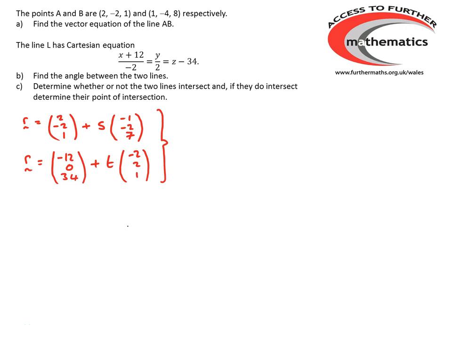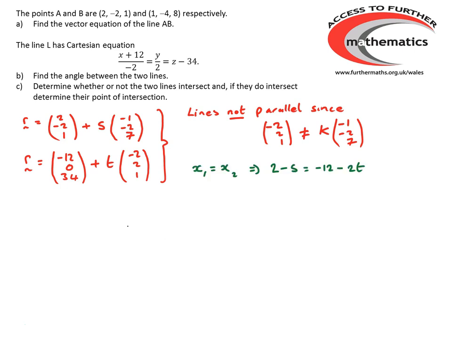The first thing to do is simply to observe that the lines are not parallel lines, because (-2, 2, 1) is not a multiple of (-1, -2, 7). So now let's try and find values s and t so that the x-coordinates of the first line and the x-coordinate of the second line agree, and that the y-coordinate of the first line and the y-coordinate of the second line agree.